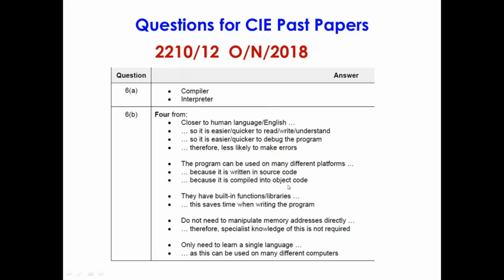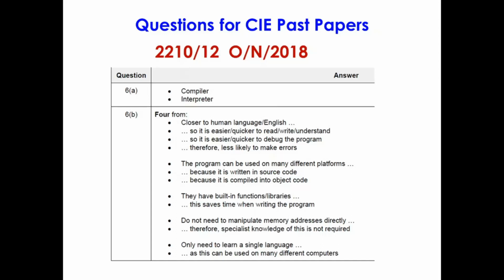Now when you compile it into object code, then you can run it on many computers. They have built-in functions or libraries. You will understand it better when we will be doing the programming language. So it means there are built-in functions. For example, you want to add something, so for addition there is already some function available, or to find square root, so you do not need to do it again.